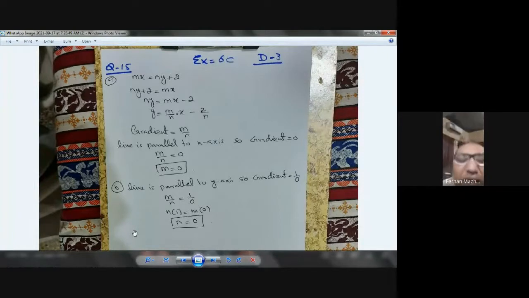When the line is parallel to the x-axis, m must be 0. And when the line is parallel to the y-axis, n should be 0. A little conceptual question without any numbers or values. This was question number 15.